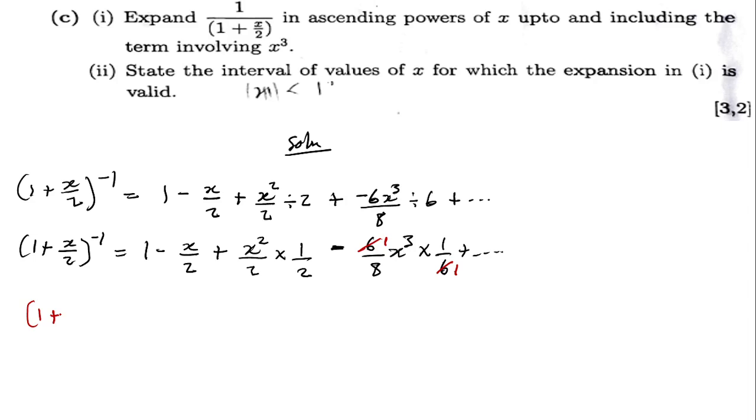So that one will be 1 minus x over 2, and then I will also say this times that is a 4, so plus 1 over 4x to the power 2, and then I'll say minus 1 over 8x cubed, and then plus, like that. So this is how easy this question was.